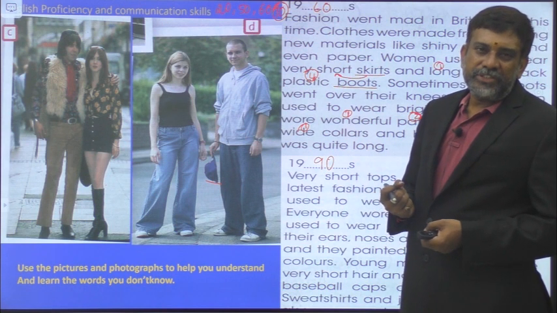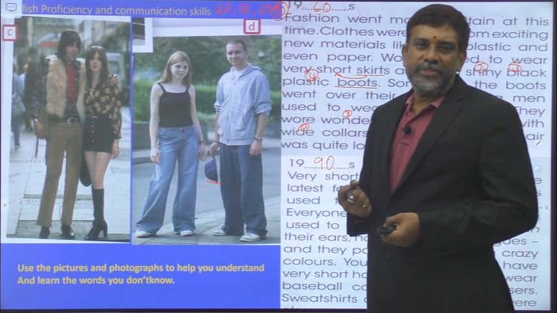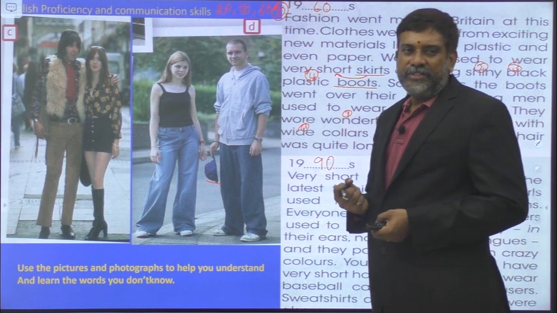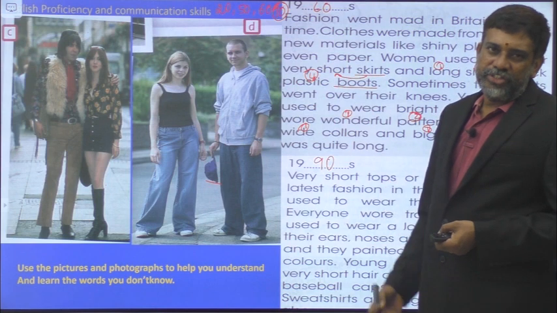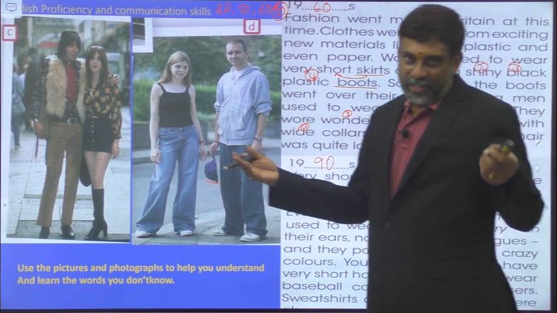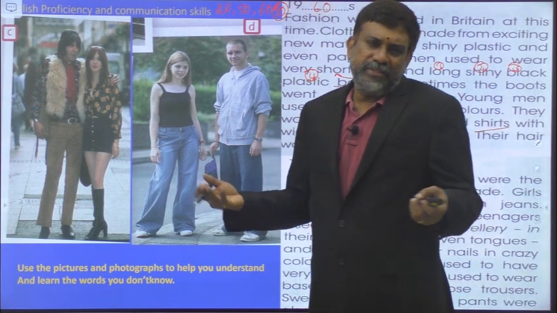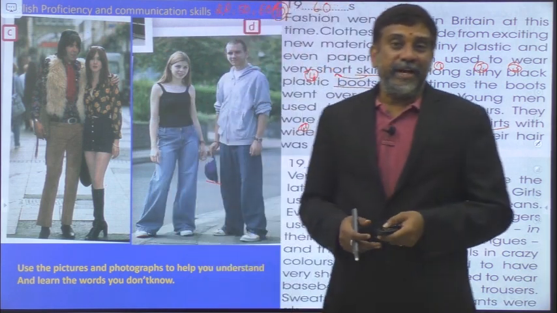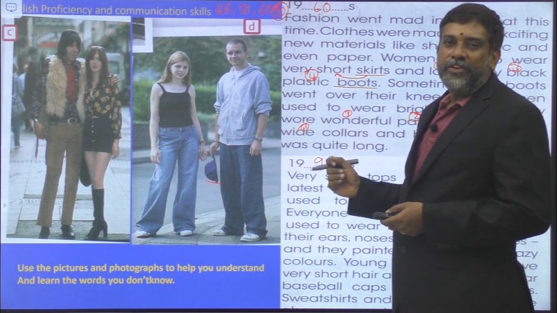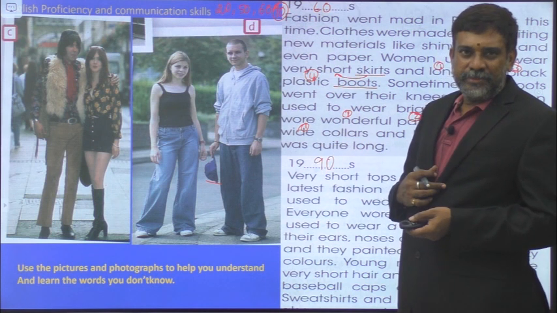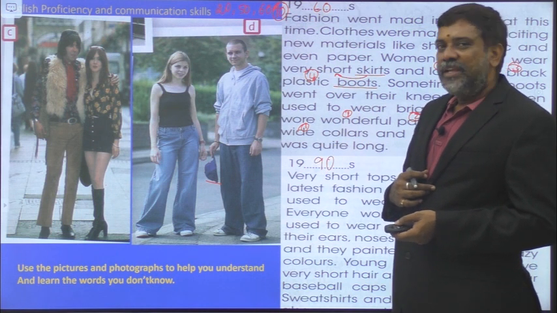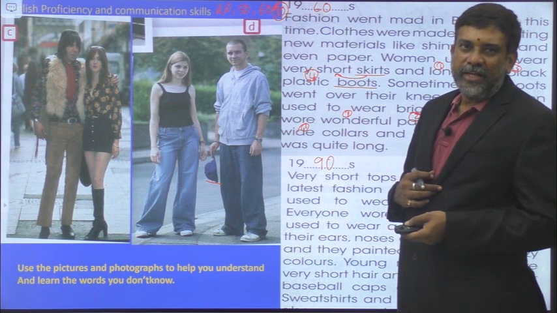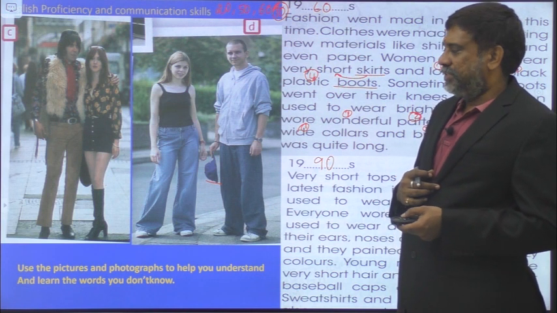And after trousers, nowadays we see on the roads track suits, jogging pants, shorts, whatnot, even boxers. So the fashion was changing from time to time. This is about the fashion world in Britain. You also observe how the fashion in India, especially in Andhra Pradesh, has changed.